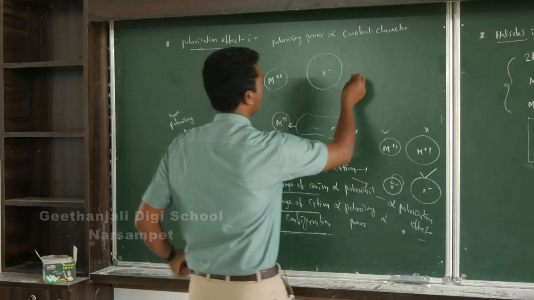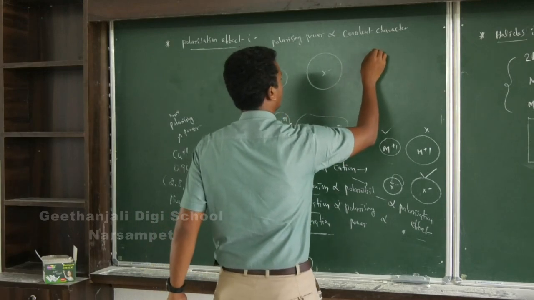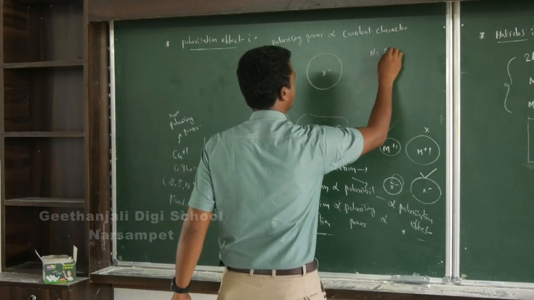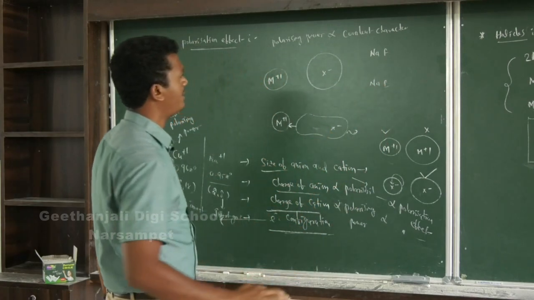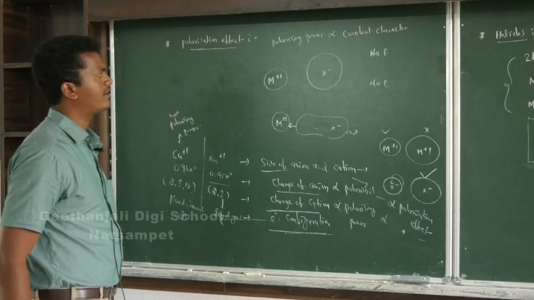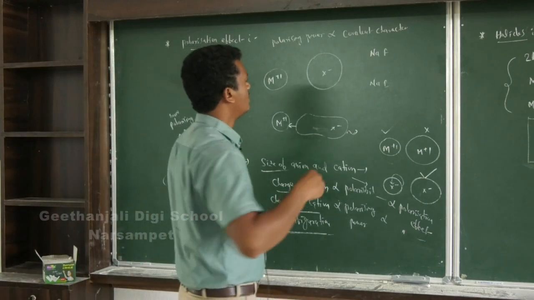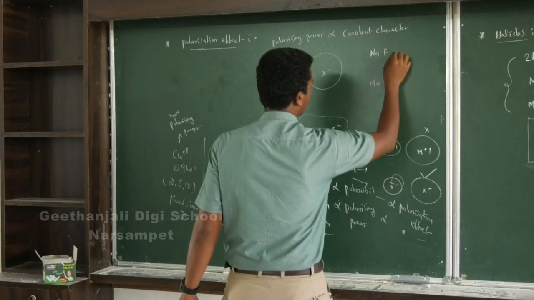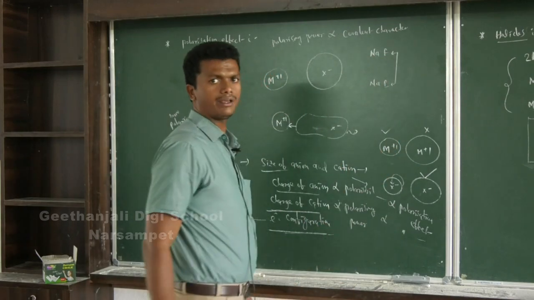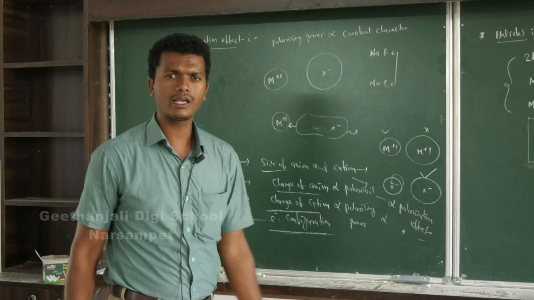For example, we will take one application. Here I am taking sodium fluoride and sodium iodide. For the same metal ion, I have taken different halide ions, NaF and NaI. In these two compounds, which one shows more covalent character and which one shows more ionic character is the question now.